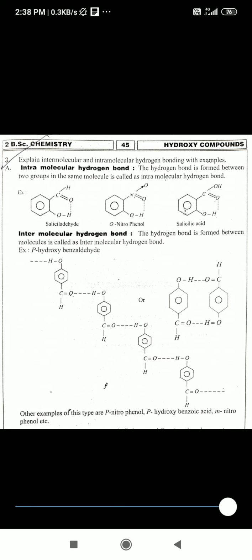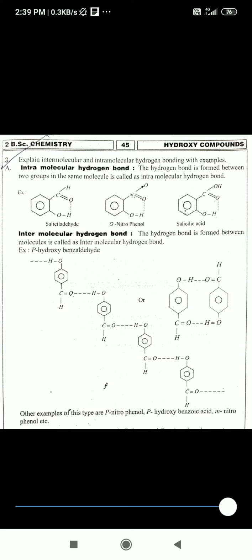Coming to intermolecular hydrogen bond. This type of hydrogen bond is observed between two different molecules, or between same molecules in the same substance, not within the molecule but between two molecules.